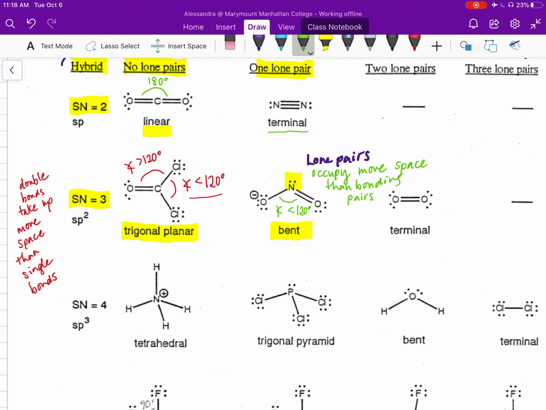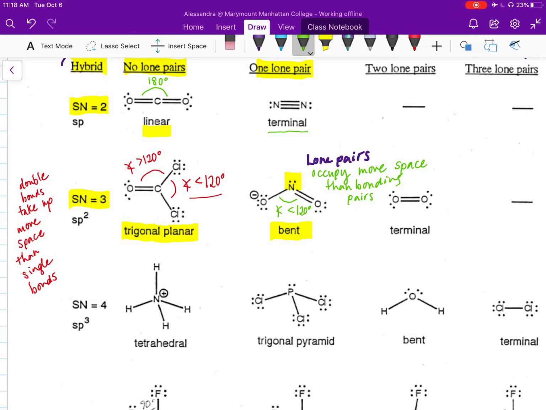And you can imagine, the lone pair is kind of centralized on that central atom. There's no other atom that it's bonded to, so it's going to take up slightly more space than a bonding pair. Okay, so the best we could say is that that angle is going to be slightly less than 120 degrees. And let me try to make my handwriting a little bit less horrible so you can see that.